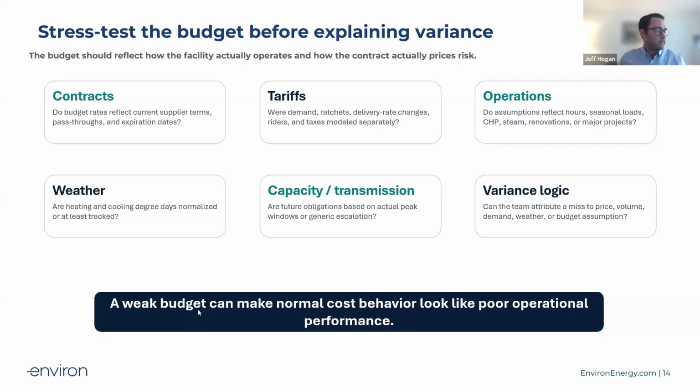I will just add here before we go to the next slide that we often see within our client portfolio a very different approach to developing budgets. Some look at just applying a particular rate across historical performance. Some may just take the rolling 12 of what your cost was.